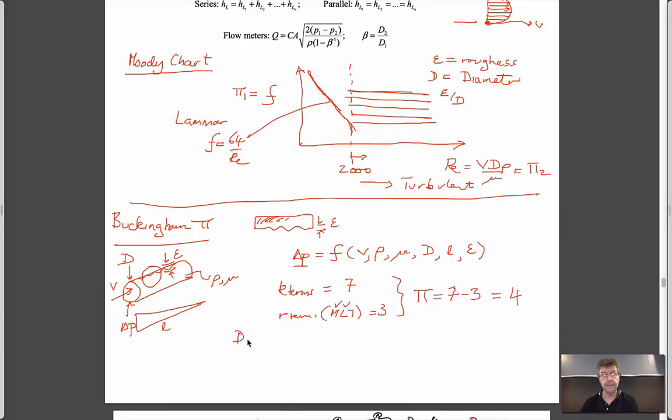Let's lay them out this way. Dimensional similitude. My writing's getting worse. Kinematic.